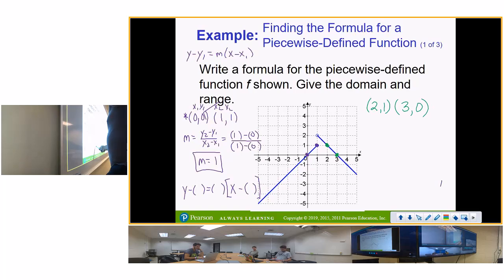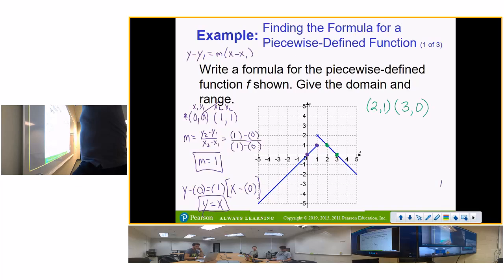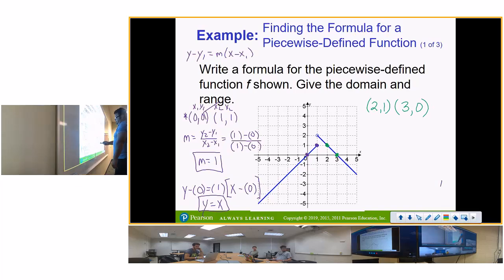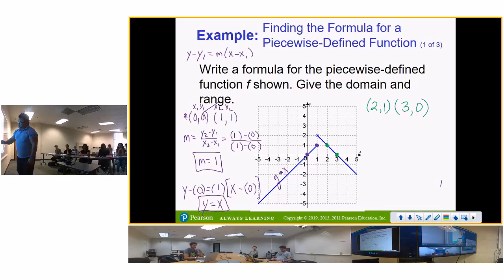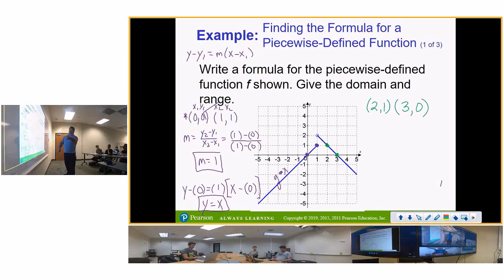Because it's easy math. And solve for y. Y is equal to what? X. And that is the equation for this line. All right, now you use what I just used there to do the green line. Once we find the equation, then we're going to set up the domain.